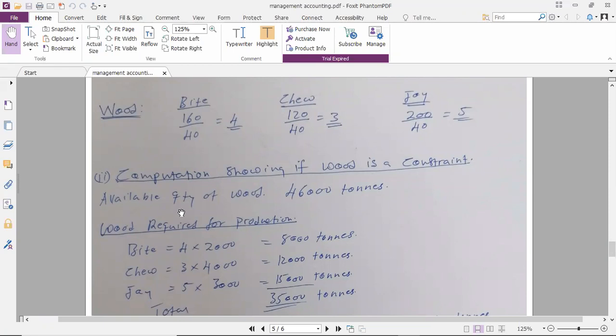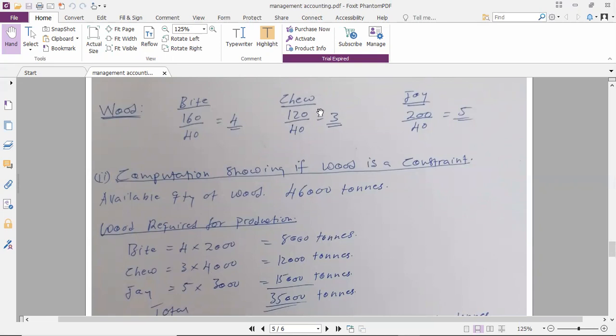We must know the quantity of wood we need to produce the total output of chew for the month, and all the output of joy for the month. Now, for wood, when you want to produce bite, you need 4 to produce 1 bite. So if you want to produce 2,000 bites in a month, then you need 8,000 tons of wood.